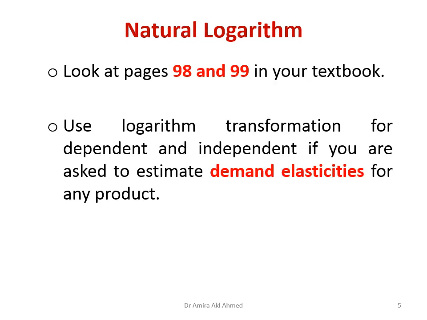Converting economic and financial data series into logarithms is common in econometrics for many reasons. These reasons are discussed in pages 98 and 99 in your textbook, so kindly refer to them. When dependent and independent variables are converted into logarithms, the regression coefficients are interpreted as elasticities.